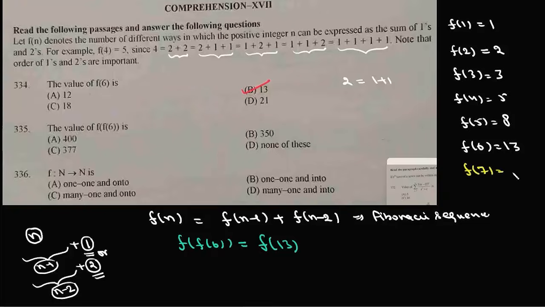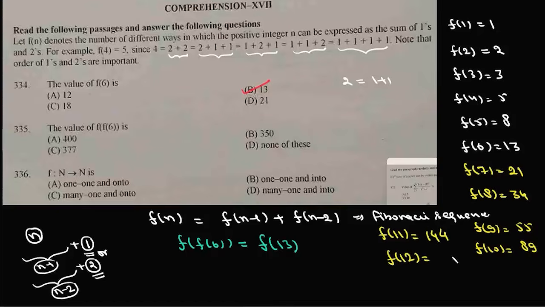Now F7 will be 21, F8 is 34, F9 is 55, F10 is 89, F11 is 144 (counting 89 plus 55), F12 is 144 plus 89, 233, and F13 will be 144 plus 233, and that will be 377.